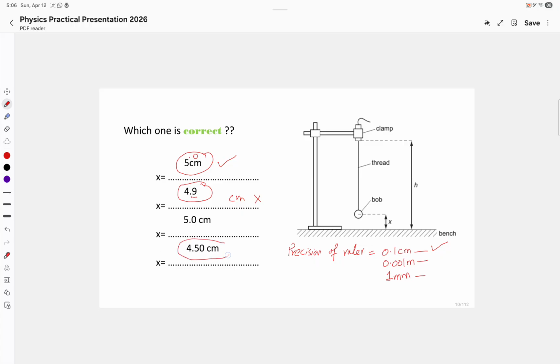In the last option, the unit and decimal places are there, but they are inappropriate: there are 2 decimal places, while for centimeter we expect just 1. So the righteous answer, if I highlight it, is 5.0 cm. You need to focus on two things: an appropriate level of decimal places and a proper unit.